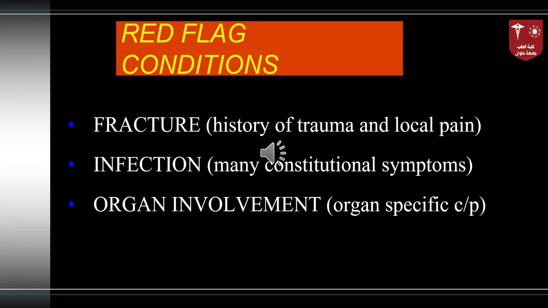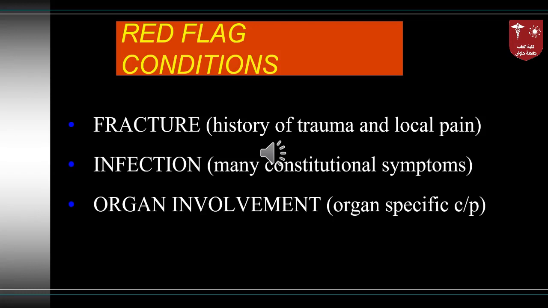Second, we have to exclude infection. Usually the patient comes with many constitutional symptoms like high fever, signs of toxicity, and of course signs of infection like swelling, and sometimes there is a penetrating injury around the joint, or the patient is immune compromised.